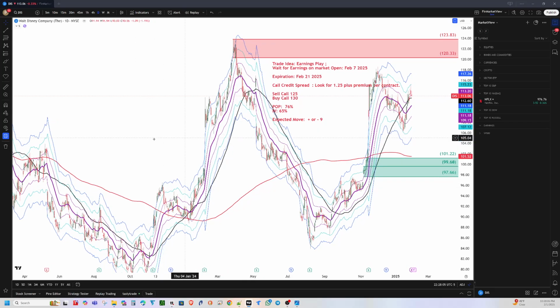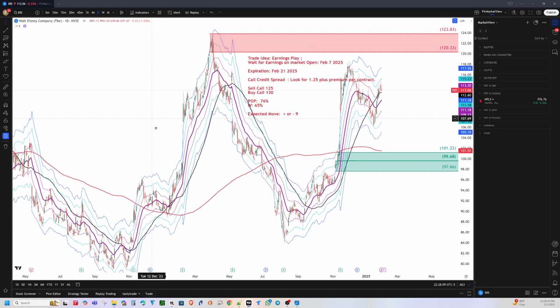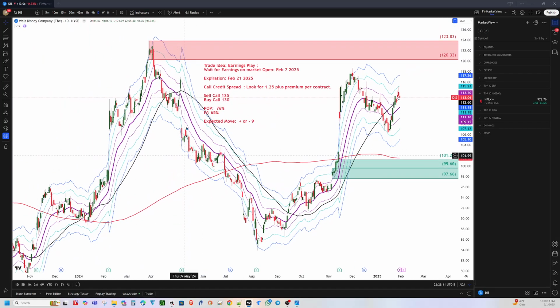So Disney, it's a bit of a choppy market, but based on recent highs and lows, I'm looking at near-term support around the 101 area, and near-term resistance around the 120 area. The option chart suggests an expected move of plus or minus $9, and right now it's in the 113 to 120 area.